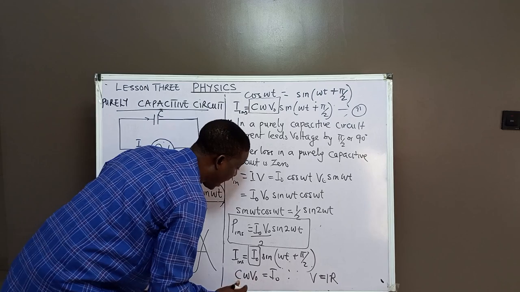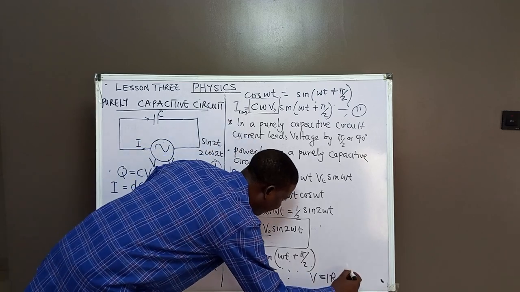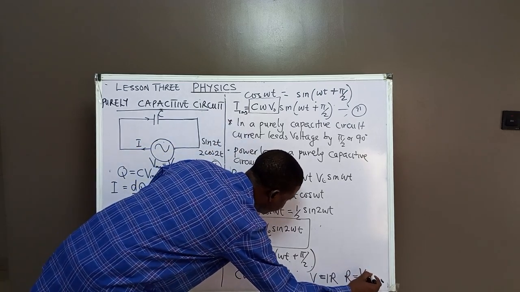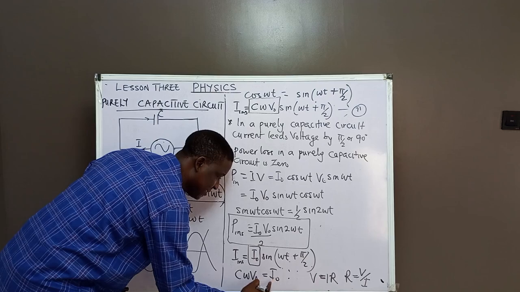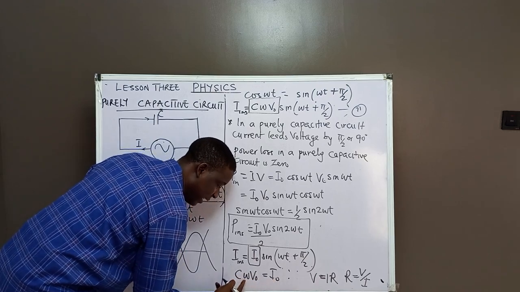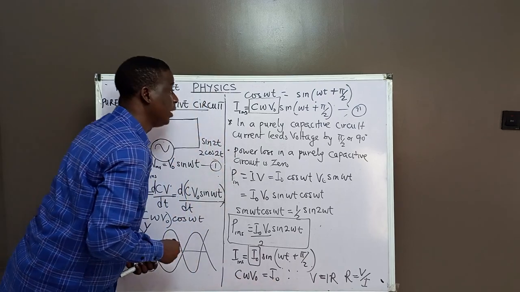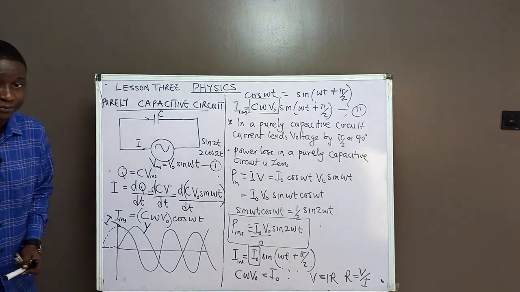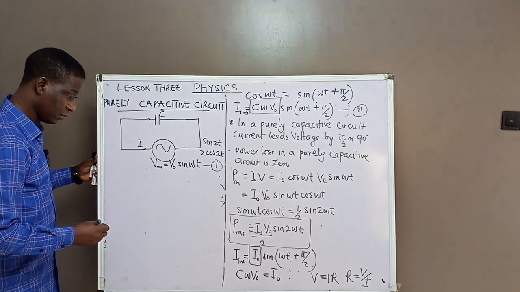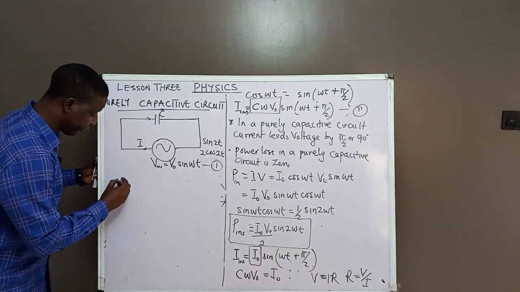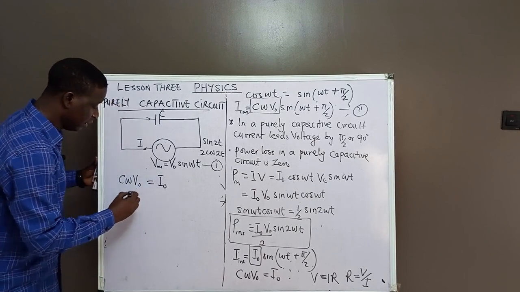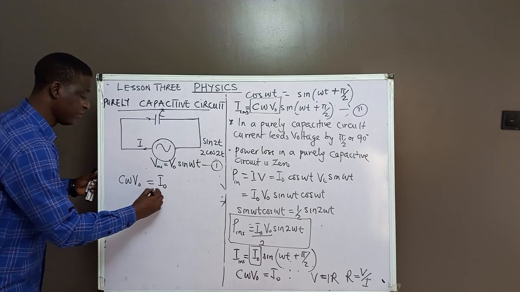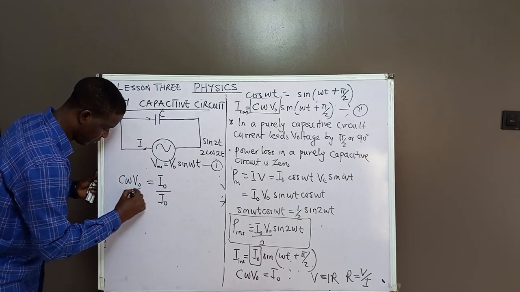So let us ensure that our resistance is equal to V over I from Ohm's law. So let's bring this I naught here, and let's bring CW here. We have CWV naught equal to I naught.